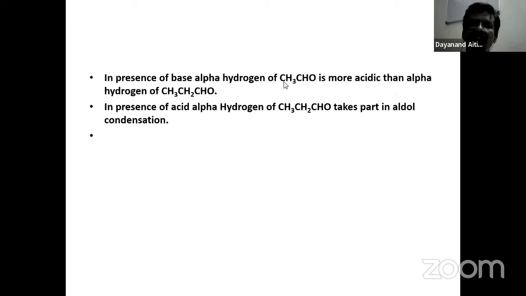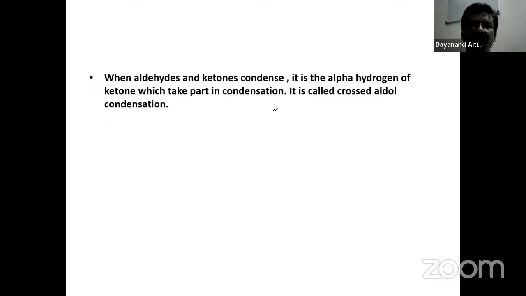Which hydrogen will be involved in the aldol condensation, in the presence of base and in the presence of acid? In acid, the hydrogens of propanaldehyde will undergo instead of acetaldehyde. When aldehydes and ketones condense, it is the alpha hydrogen of the ketone which takes part in condensation. It is called crossed aldol condensation.